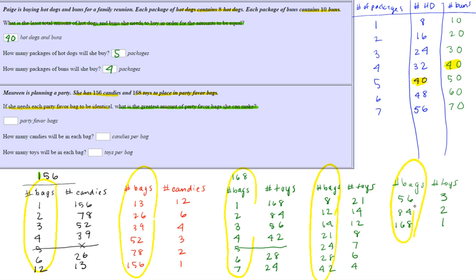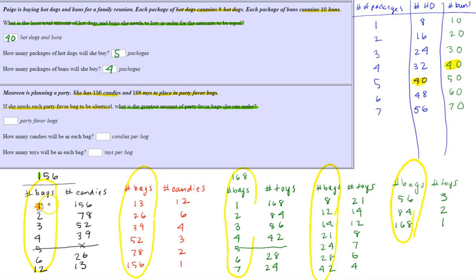Okay. So I'm going to find all the numbers that correspond to each group, and then our goal is to find the greatest number. So there's a lot of information here, so you want to be systematic. I'm going to start with 156's factors, and I'm going to scan through them and then check to see if they also correspond to 168.